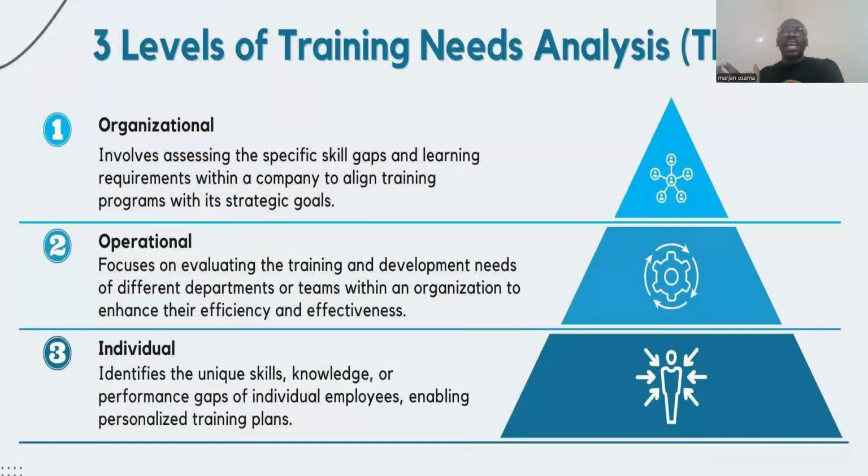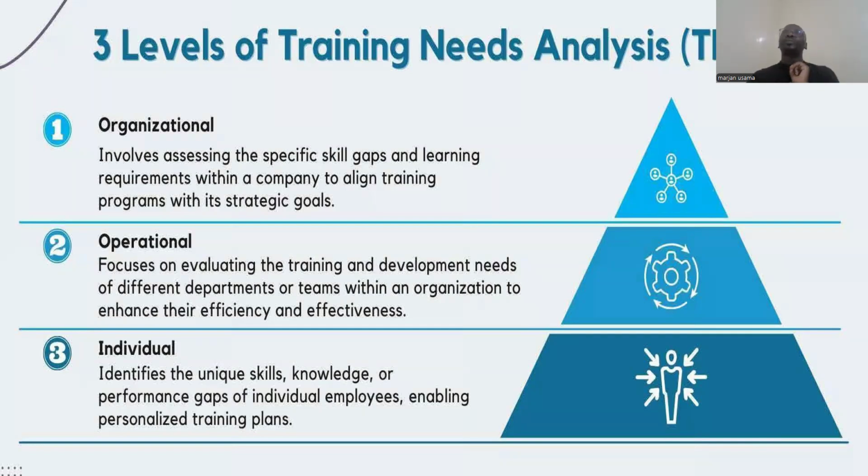So here we are asking ourselves, what kinds of training are going to help us as an organization to achieve our goals? Here, the organization is like the person who is going to be trained. So we assess the specific skill gaps in the whole organization.